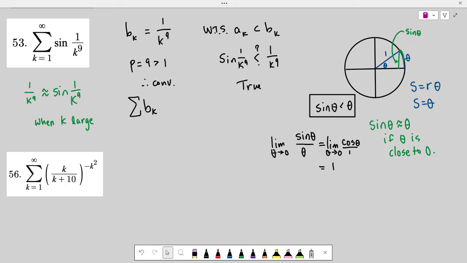So we want to show that the a sub k's are less than the b sub k's. Then we get to this statement, where we're trying to show that sine of theta is less than theta. Now we have to tap back into pre-calculus or calc 1, and this is the justification here that sine of theta is smaller than theta, because theta is that arc right there.